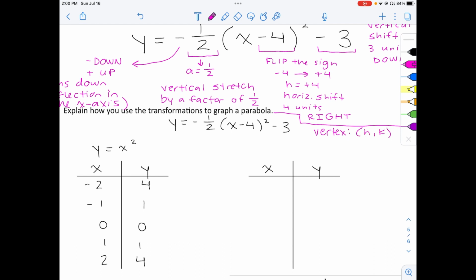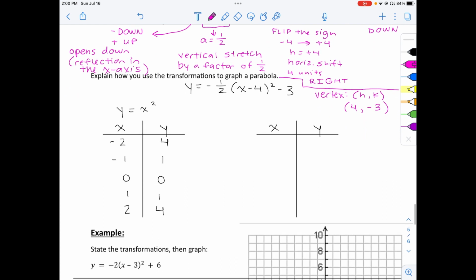In this case, my vertex is positive 4, since we flip the sign on my h value, and negative 3. That's my vertex. So I'm looking at my parent function and seeing where the vertex is. It's always going to be (0, 0) from the parent function.